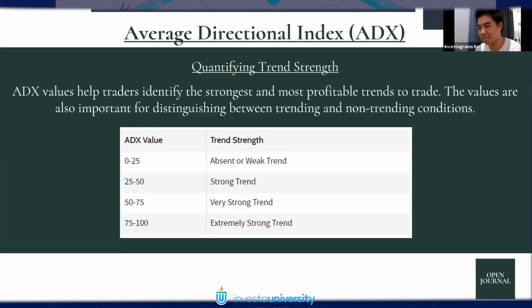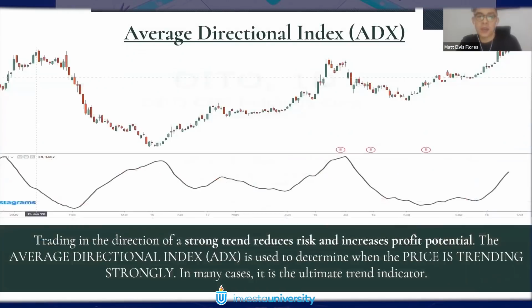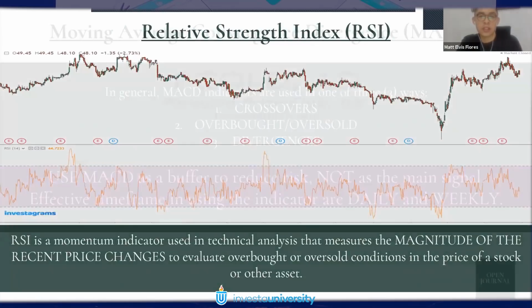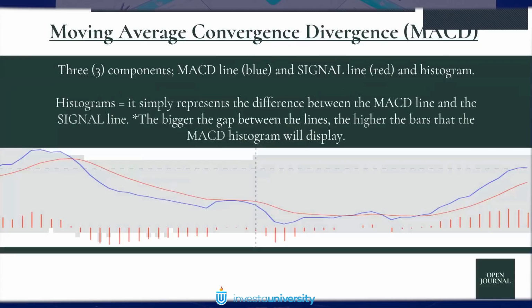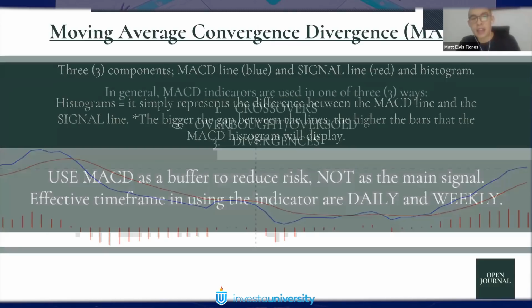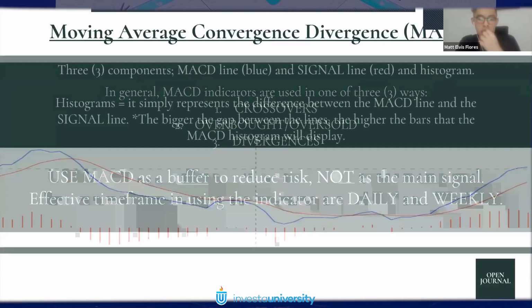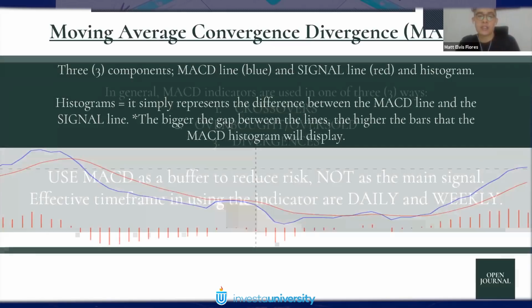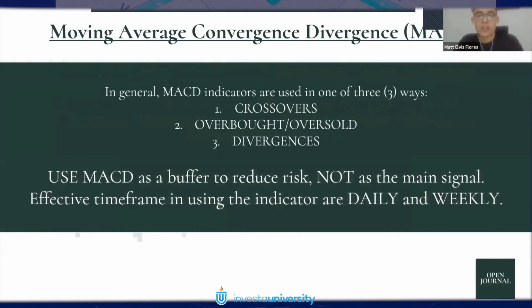We already know what, so let me summarize. We already know what's the importance of MACD. Di ba? Basically, the importance of MACD as an indicator is number one, very important to note na crossovers, di ba? Once nag-crossover yung line mo versus your signal line.